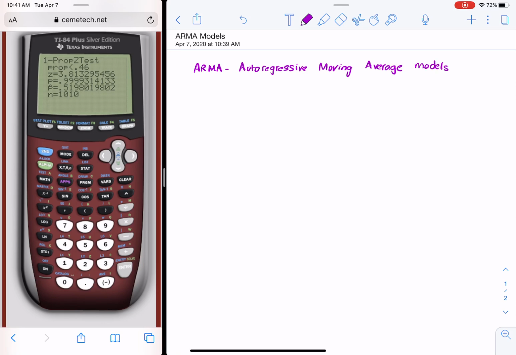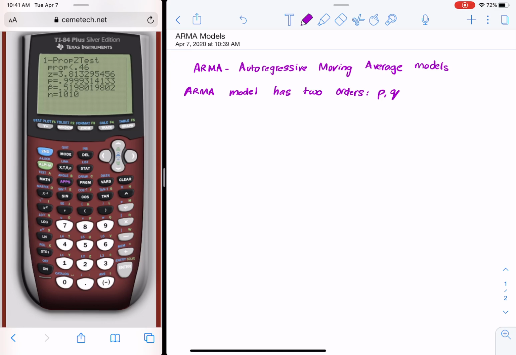So just like we have an order for an autoregressive model and an order for a moving average model, an ARMA model has two orders. We will call it P, Q, P and Q.